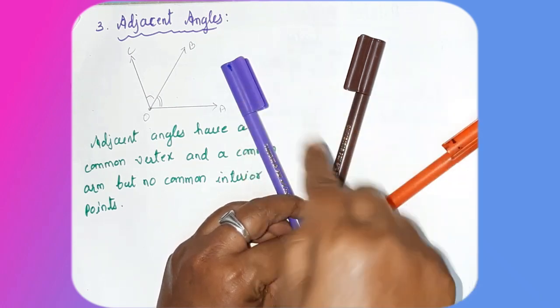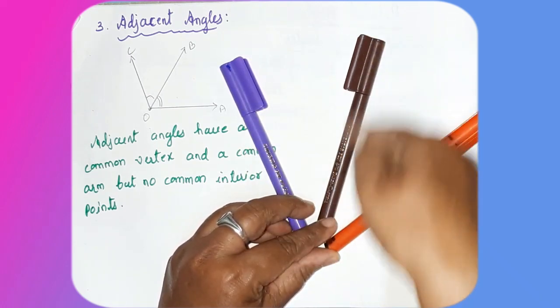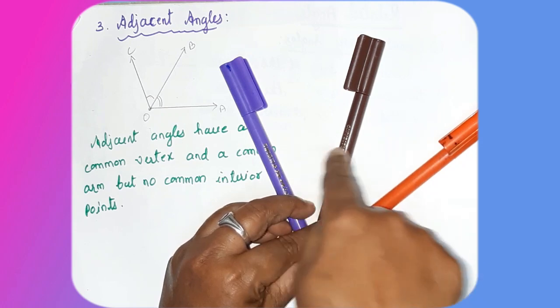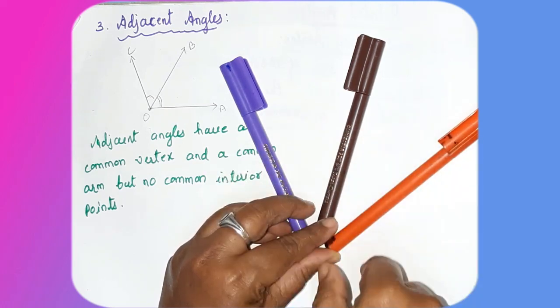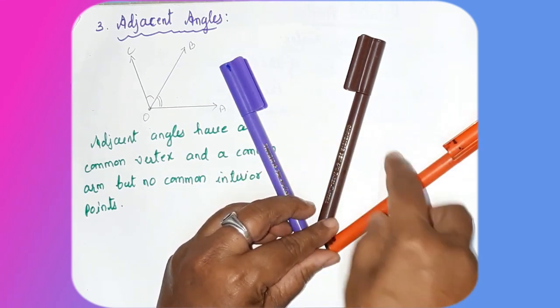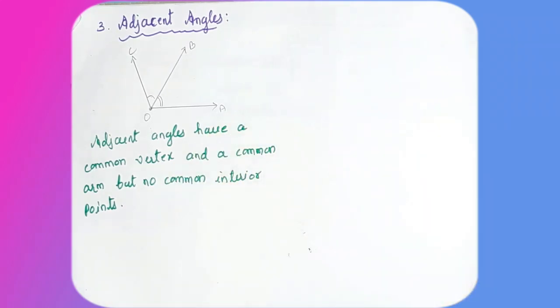Adjacent means side by side. Here this angle and this angle, these two are adjacent, side by side. In day-to-day life you may get so many examples. You can observe all these things, no problem. So this is what adjacent angles are.